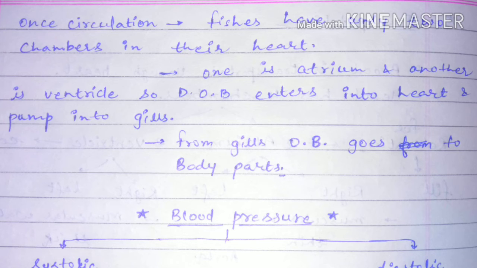Whenever the deoxygenated blood enters the heart of fish, that blood is pumped into the gills, and at the gills the deoxygenated blood is converted into oxygenated blood, and from the gills the oxygenated blood goes into their body parts. There is no connection for the blood to come back to the heart once again.